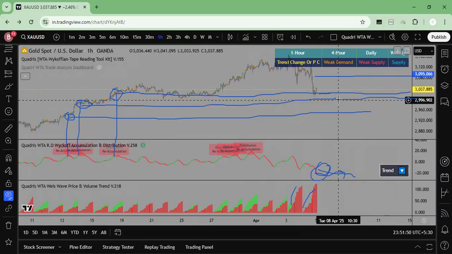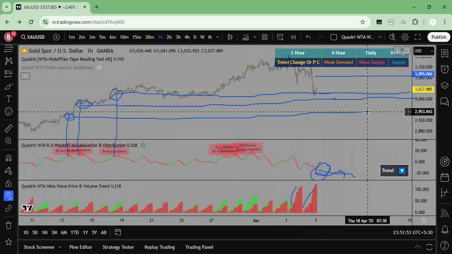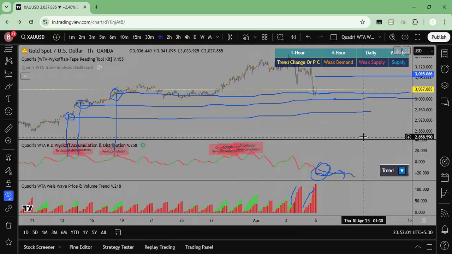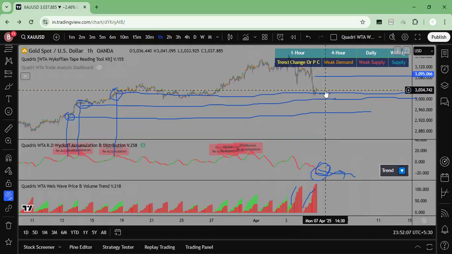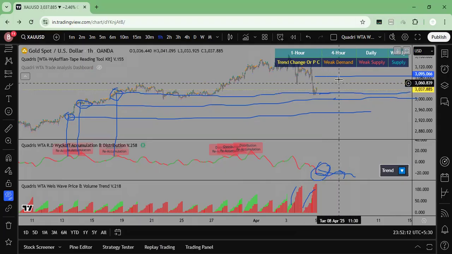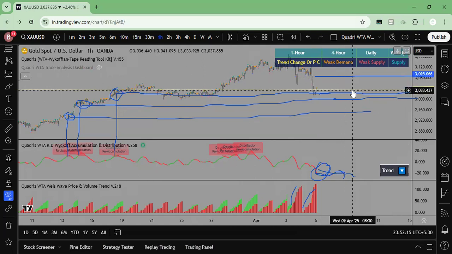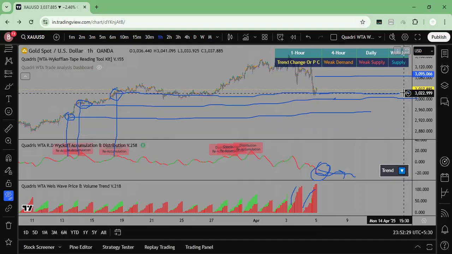And if that is broken, then the target could be at least 2940 or 60. So let's see what happens in the coming week. But we have a plan. If we start our upward movement, and it goes up beyond the current price but stays below 3095 or 3100, then definitely we can see price coming back to this particular level of 3020 or 3030.